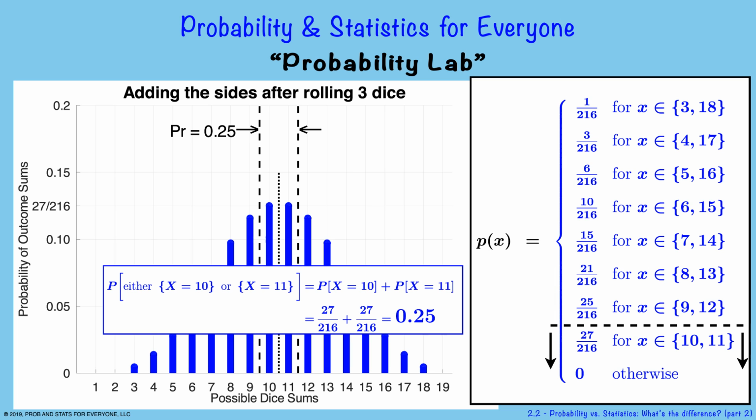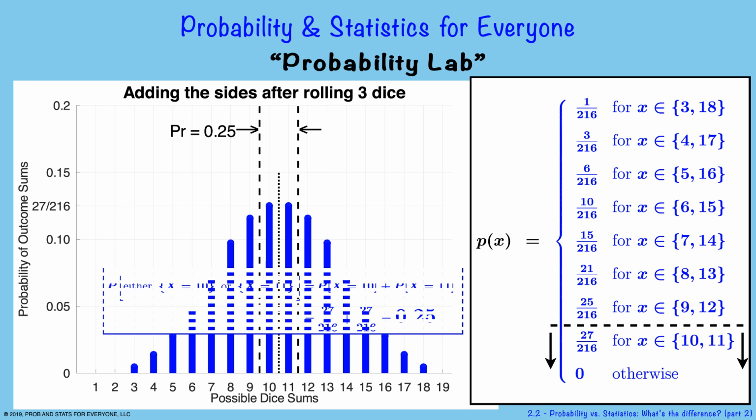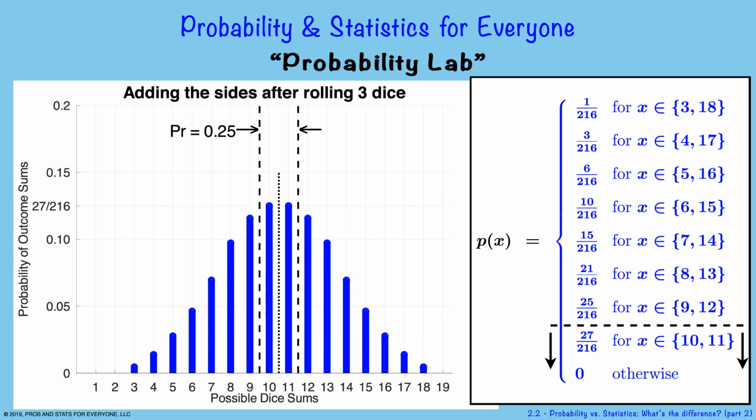I'm going to ask you to trust me on this. We'll explain it more fully in a later video, but because the outcomes 10 and 11 are mutually exclusive, meaning they can't both occur on any one roll, we can add their probabilities this way. Now let's pause and consider this definition of typical that we proposed.